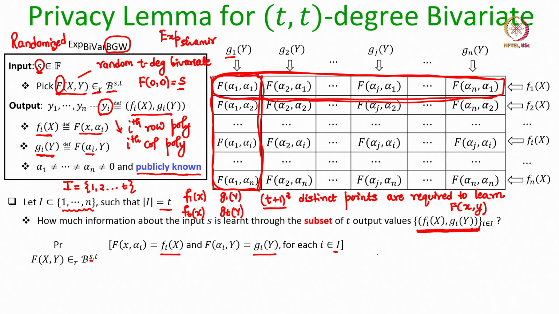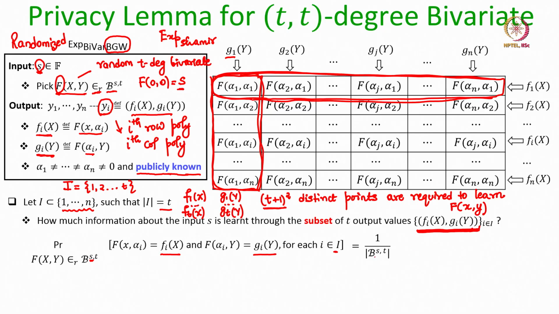So, we now want to find out what is the probability that if I randomly choose a t degree bivariate polynomial whose constant term is s, then when evaluated at alpha 1 to alpha t, it will result in f1 to ft of x and g1 to gt of y.